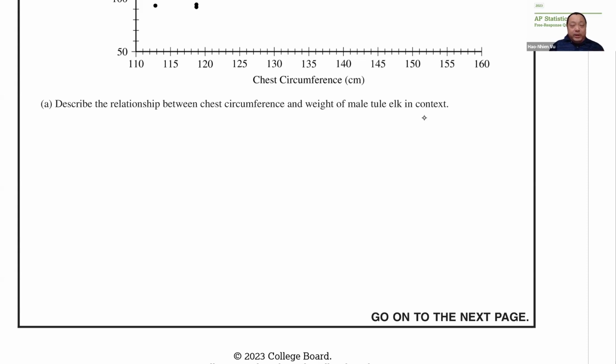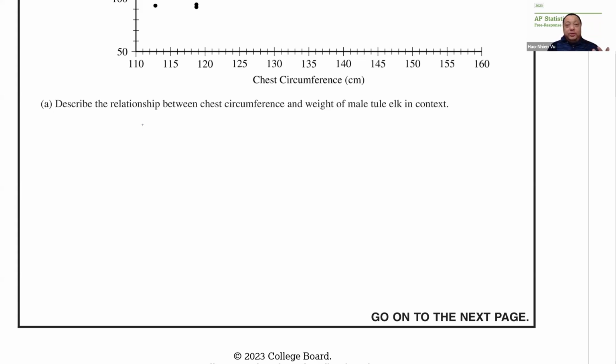There's a standard way for the AP to grade how you describe the relationship of a scatter plot. Do you want the strength, like strong or weak? You want the form, linear or nonlinear? You want the direction, whether it's a positive relationship, going up together, or a negative relationship where one goes up and the other goes down.